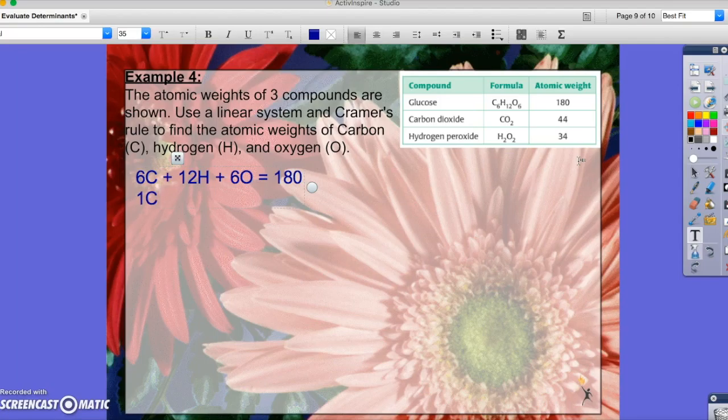So 1C, there's no hydrogen, so I'm going to move over here, plus 2 oxygens equals 44. And we're going to do the same thing here. We have carbon, so we're going to do 2 hydrogen plus 2 oxygen equals 34.